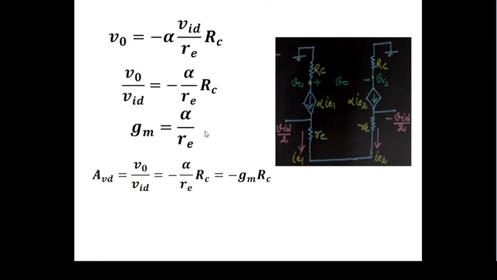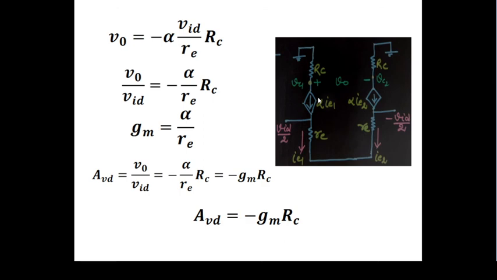We have already found this using the hybrid pi model, and now we can easily find the voltage gain of a differential amplifier using the T model concept. For that you have to use this model for the BJT and do the corresponding AC analysis, and it is very simple. Just do some practice. Some numericals may come on this type of concept, where a differential amplifier is given and you have to find the corresponding gain.